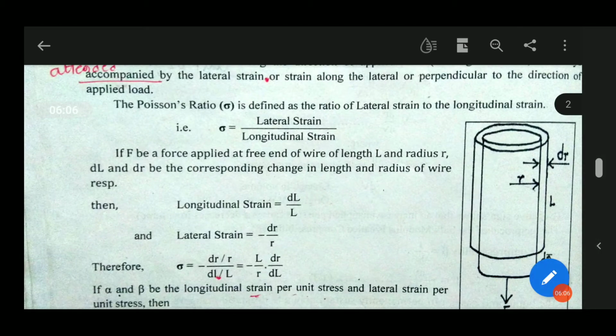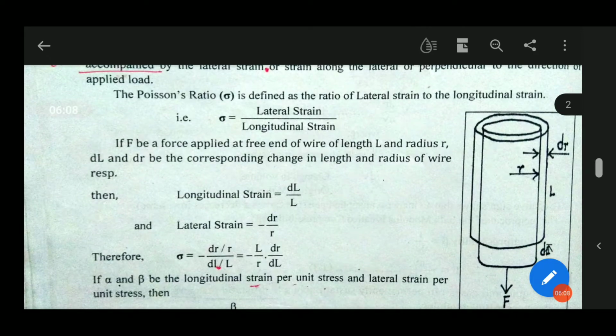So the Poisson's ratio sigma is defined as the ratio of lateral strain to the longitudinal strain. So sigma is equal to lateral strain divided by longitudinal strain.